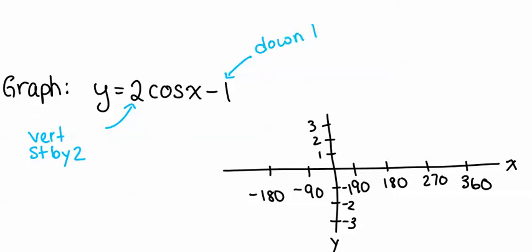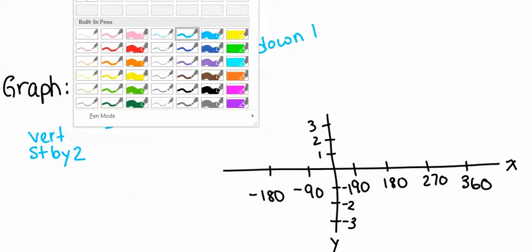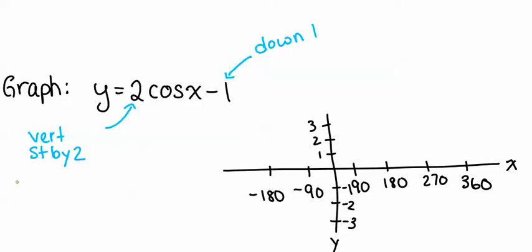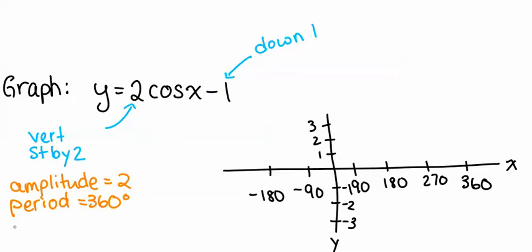If we wanted to explain our key features, I know our graph is going to have an amplitude of 2, because A is 2. It's going to have a period of 360 still, because there's no K value, and it's going to have an equation of axis at y equals negative 1.